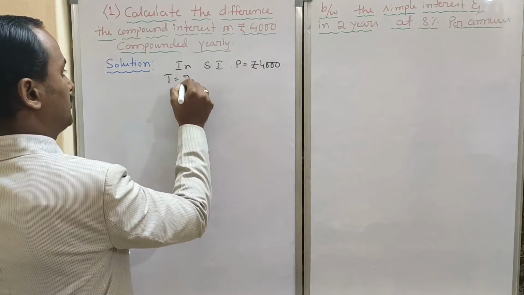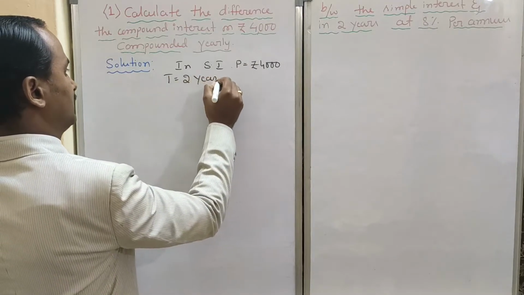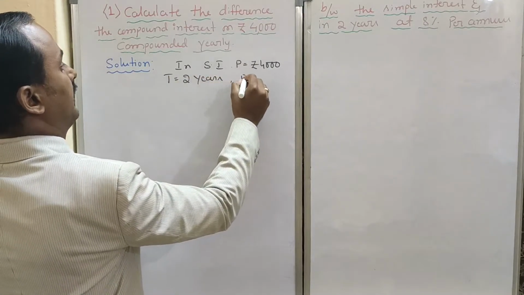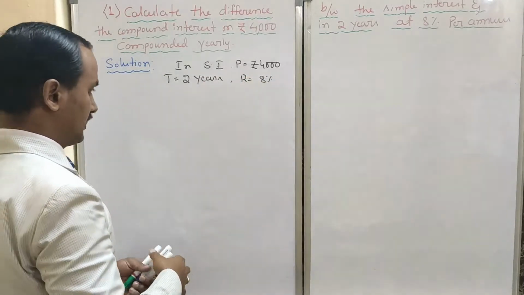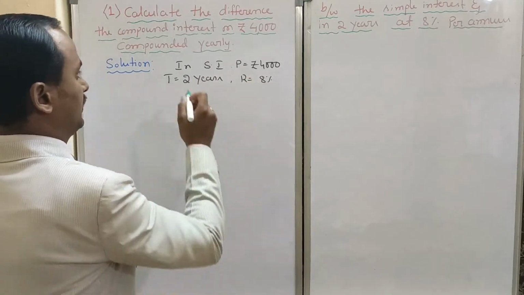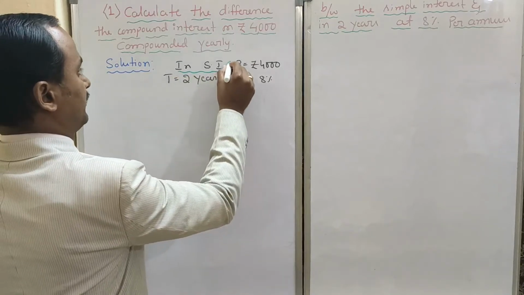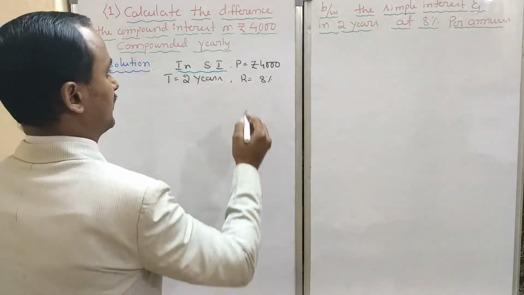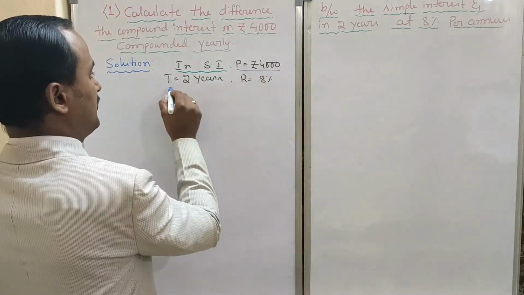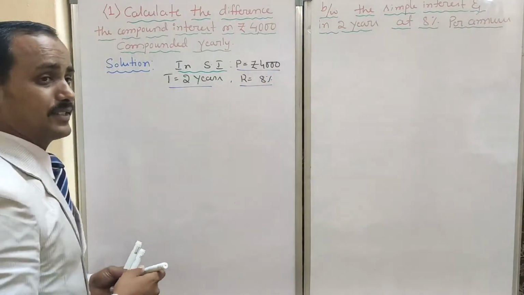Time is equal to 2 years. Rate of interest is 8%. No confusion? Clear? Look here. In simple interest I am finding, principal amount how much? 4,000. Time is 2 years. Rate of interest is 8%.